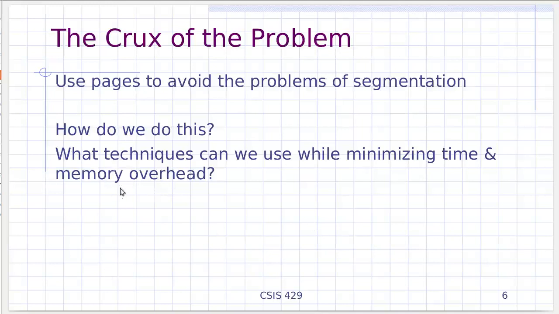It turns out that we do have to pay a price in memory, that we'll need to keep some bookkeeping around for the operating system that uses memory, that uses space, and also it's not exactly fast. It's a little bit slower, but it turns out to be the best thing that we have. So there will be some time penalty and some space overhead, but we're going to try to minimize that. It turns out to work pretty well.